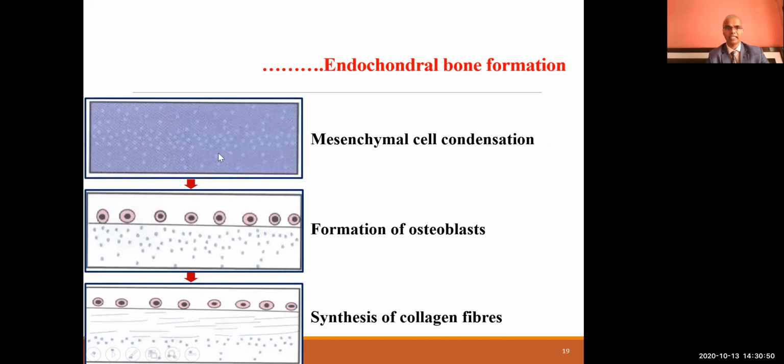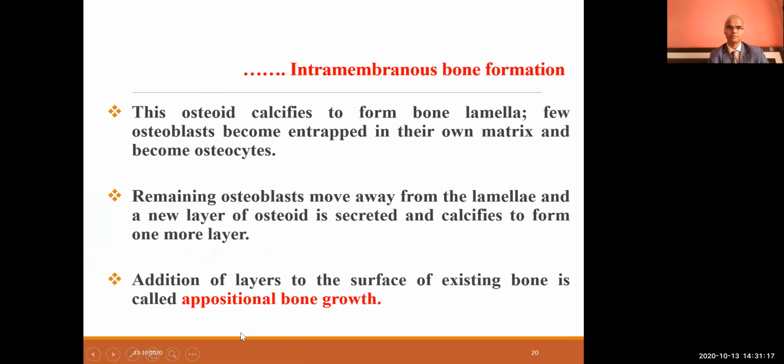In the diagram, we can see there is a condensation of mesenchymal cells, and then the formation of osteoblast cells and synthesis of collagen fibers. These osteoblast cells secrete the osteoid matrix, and this osteoid matrix flows around the collagen fibers.